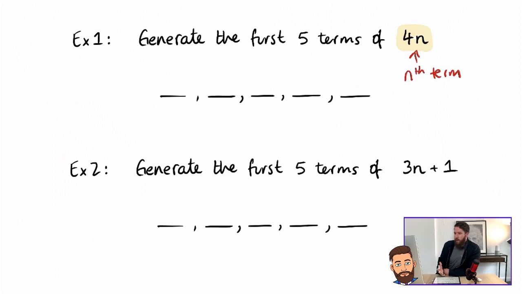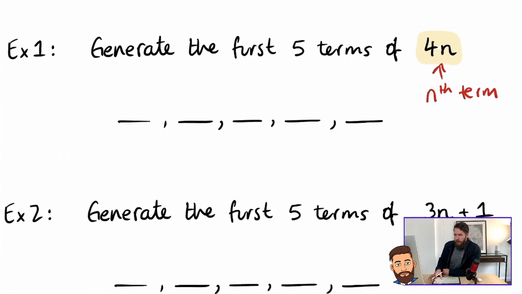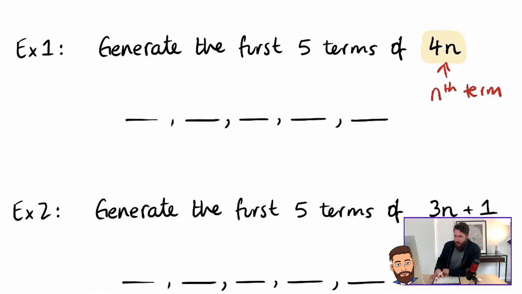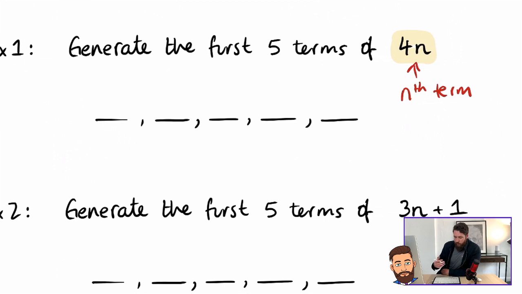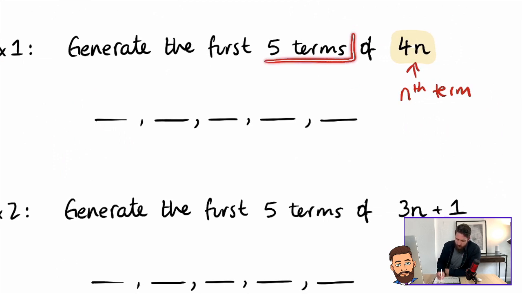And what do we know about the nth term? Well, we know that the nth term is a way to find any term in the sequence. And what is this question asking for? It's asking for the first 5 terms. Well, this would be the first term, second term, third term, fourth term, fifth term.